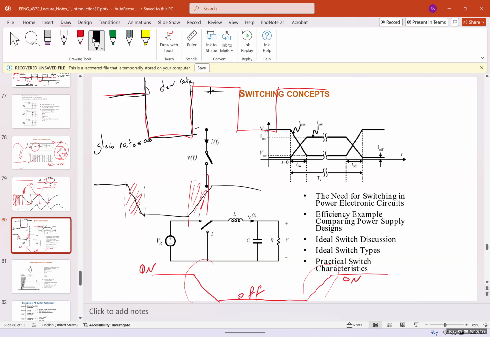And an ideal switch would actually look like the black one. So we want it to go straight from on directly to off and back to on. But in a transistor, we have limitations, and I'll explain what limitations we have in a slew rate.